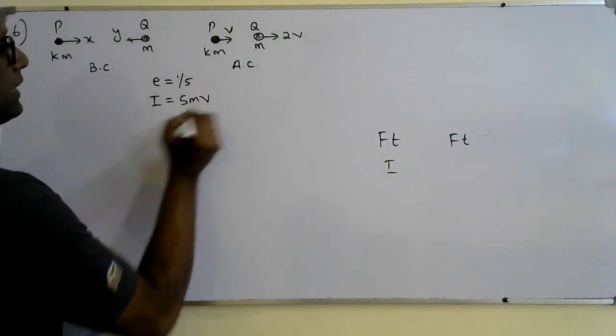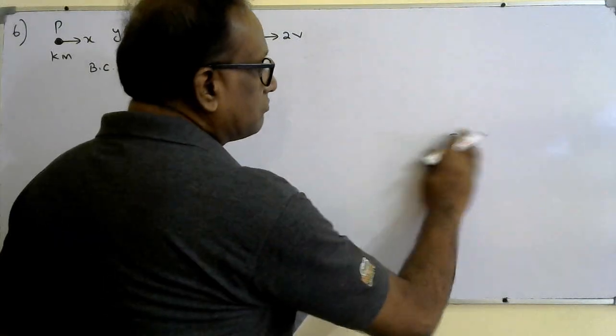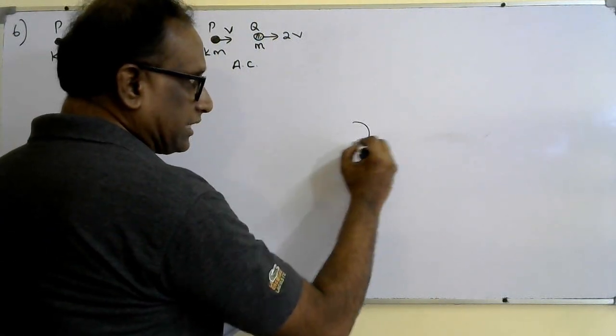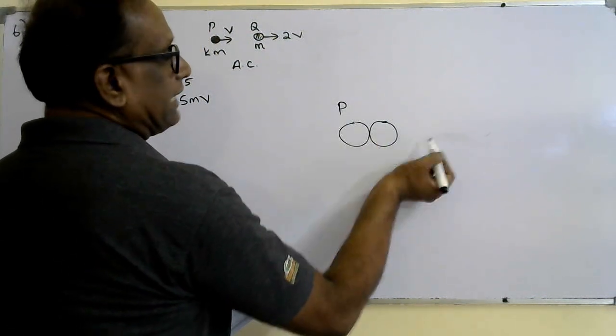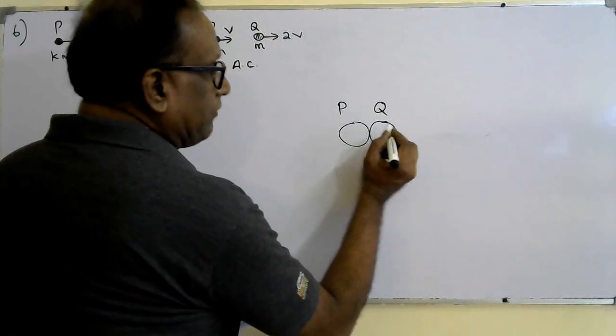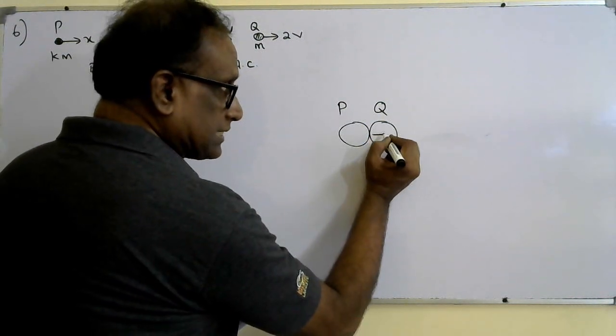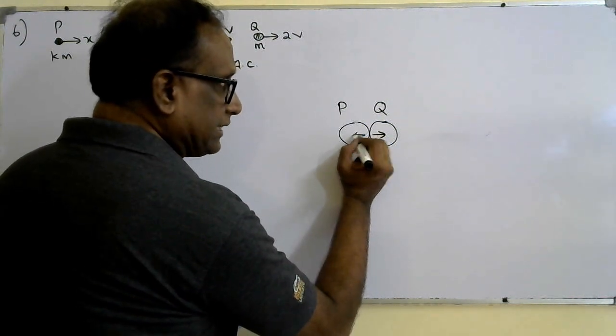But remember that during collision, if you draw the diagram, P is this one, and this is Q. P will exert a force on Q in this direction, and Q will exert a force on P in this direction.